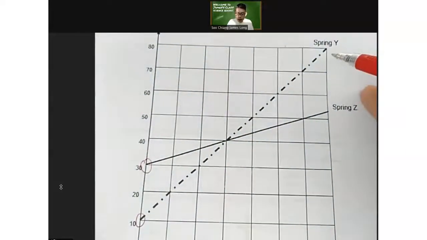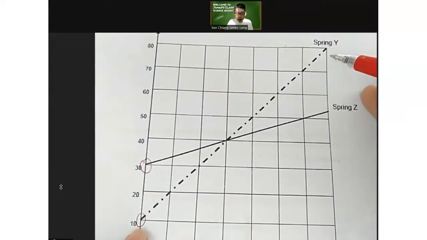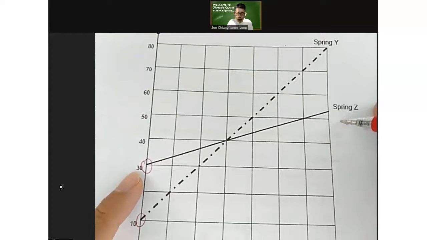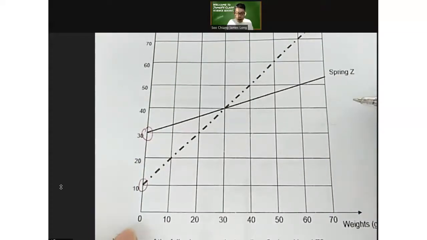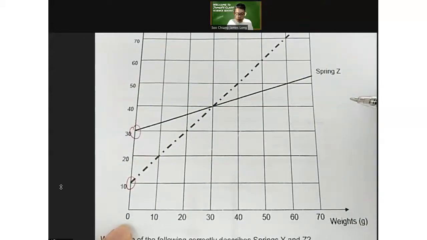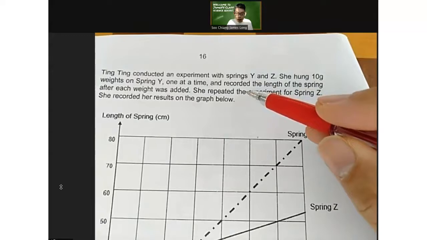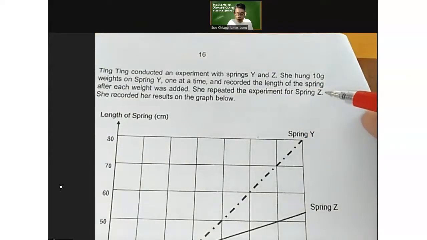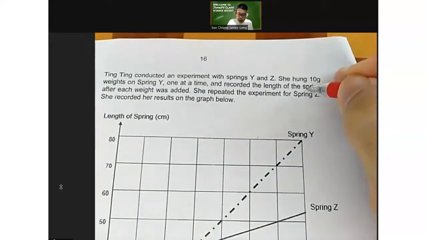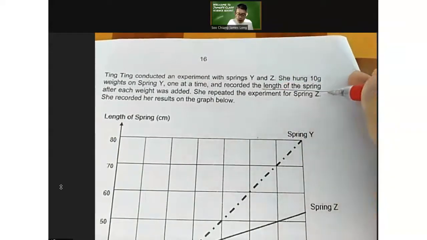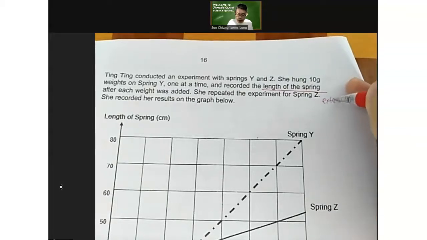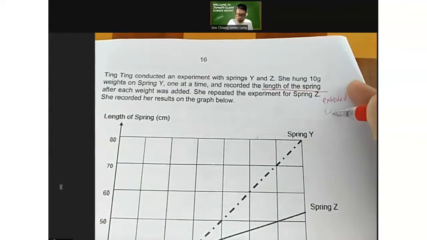Spring Y is a shorter spring in the beginning. Spring Z was a longer spring in the beginning. Beginning meaning before there was any mass added to it. See, 0 grams. And this person, Ting Ting, recorded the length of the spring after each weight was added. So this length that is being measured is the extended length.